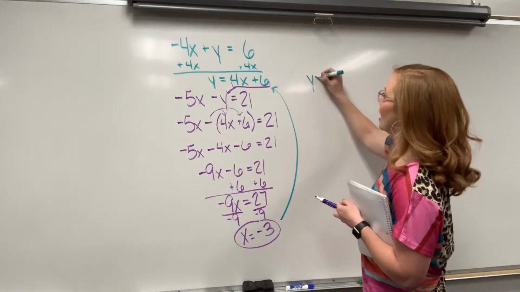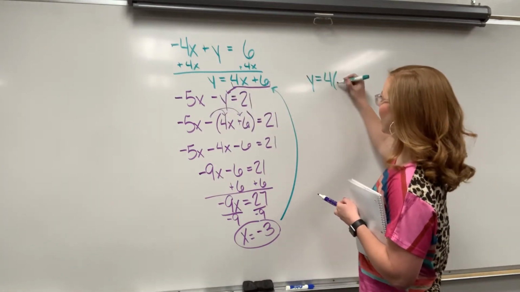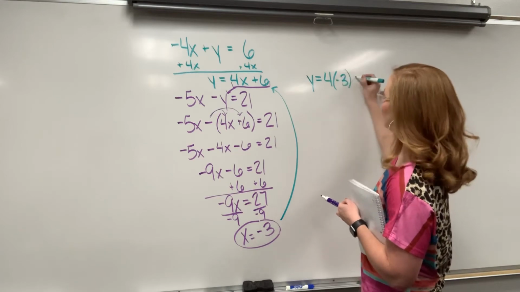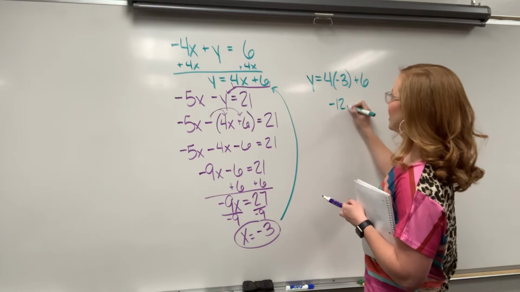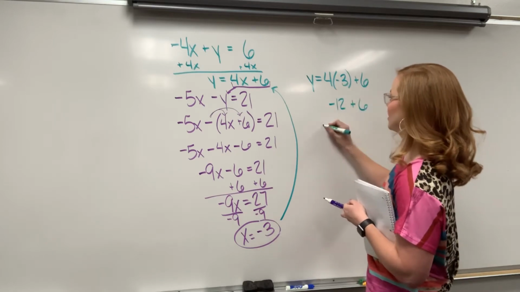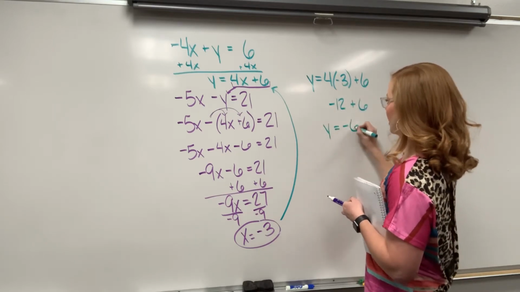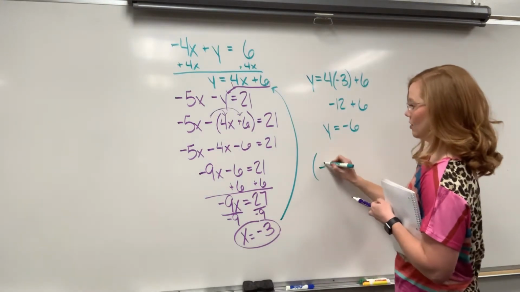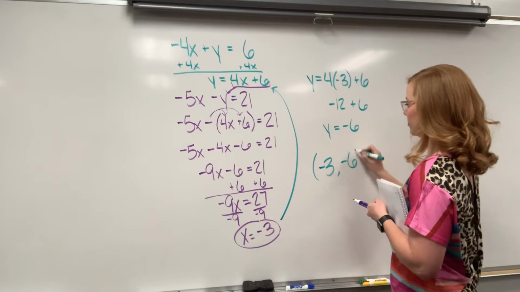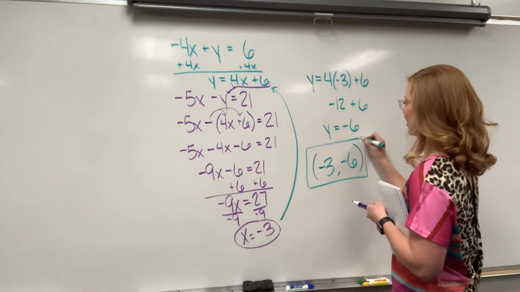So I'm going to have y equals 4 times negative 3 plus 6. 4 times negative 3 is negative 12 plus 6, and we get y equals negative 6. So my solution is x comma y, so negative 3 comma negative 6.